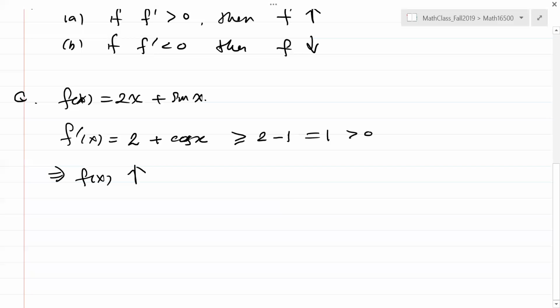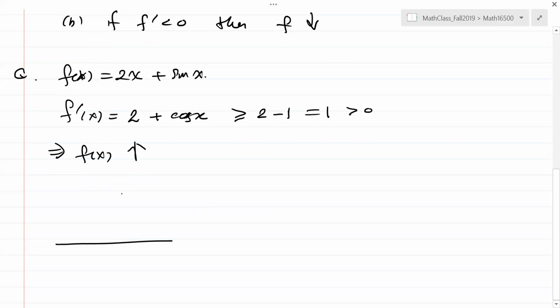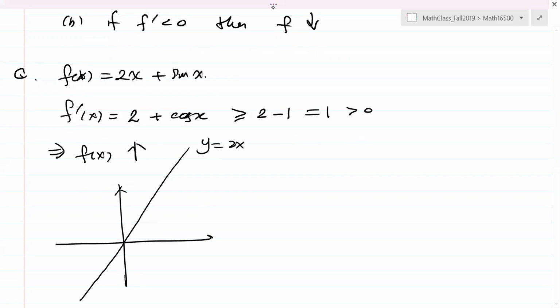Now, I know this is the graph of y equals 2x. Sine x is added to 2x, so that's like a disturbance, noise, added to 2x. So what you get is sine x going like that, and it's increasing.